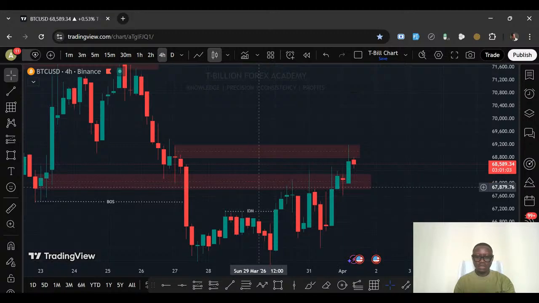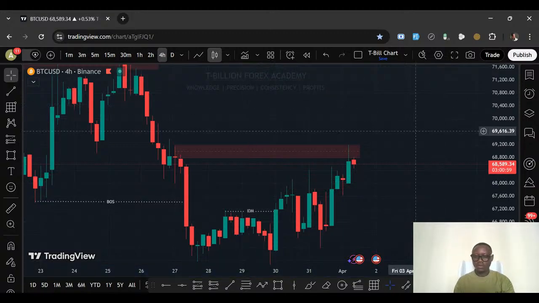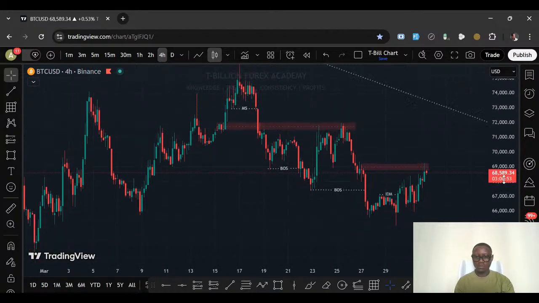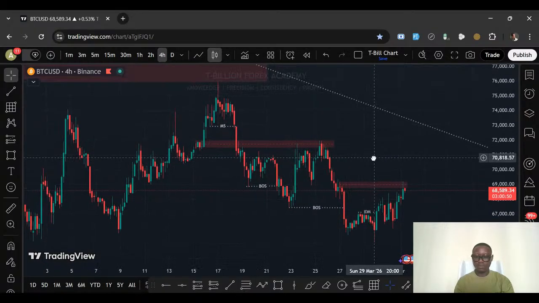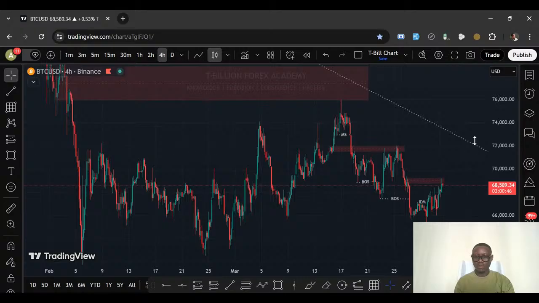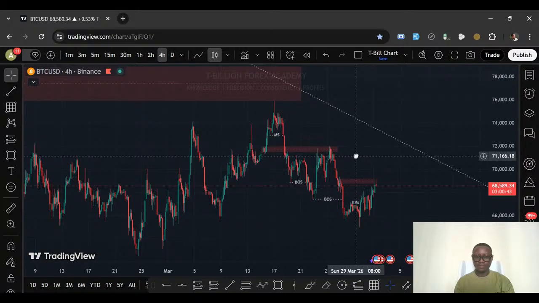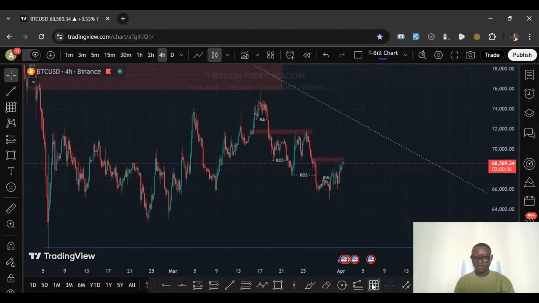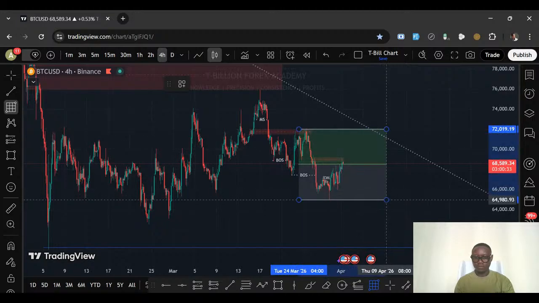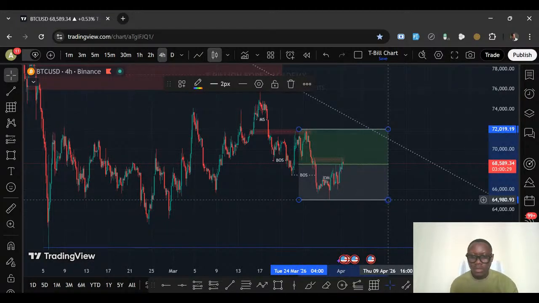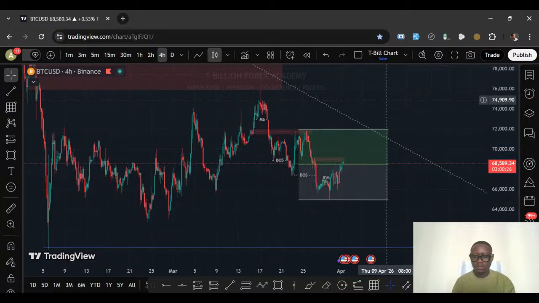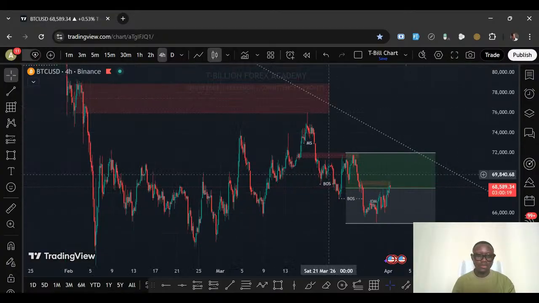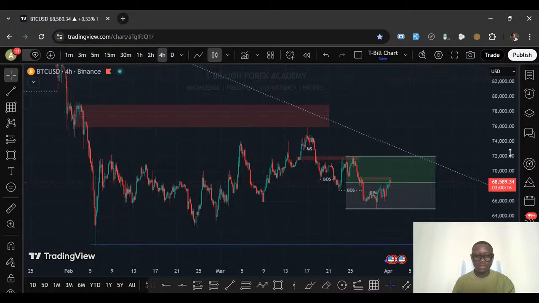Let me take it out, we don't need this. These are all internal structure of this bearish move that we got here.